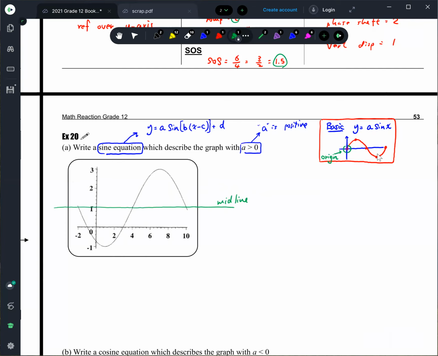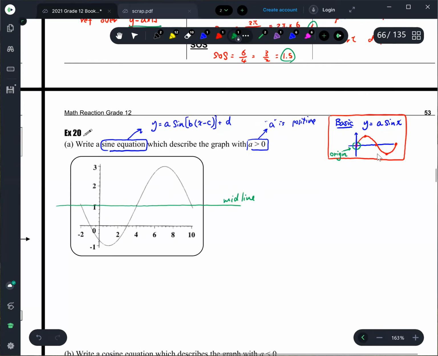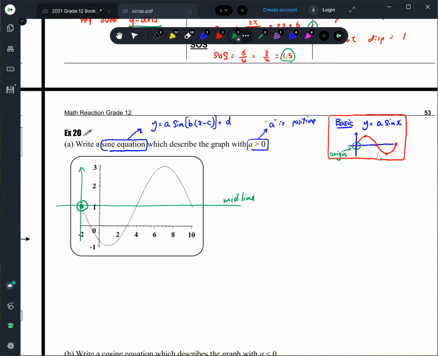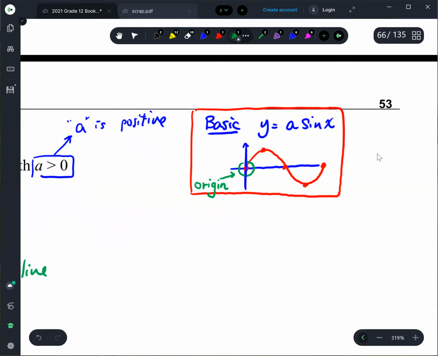Now you want to draw where the new y-axis is. If you put it here, let's say you put it there, then your new origin will be this point. But if you start from that point, the graph will be going down, go up, go up, go down. Then it's not the same as what we want to find.